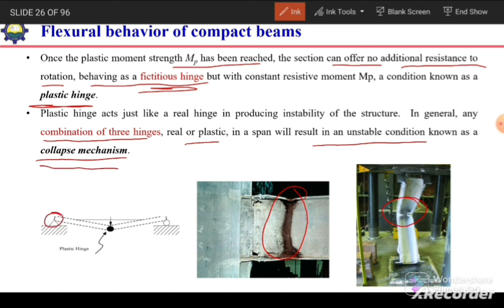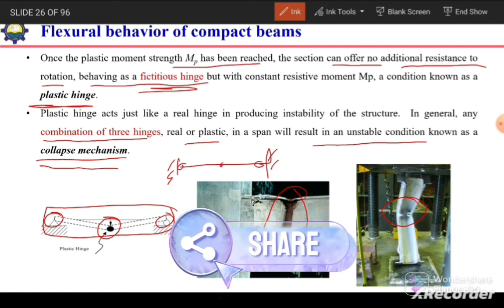So here we see one hinge, second hinge and third hinge. In a simply supported beam, if one plastic hinge is formed at the center, the whole structure will collapse. And in case of a fixed-ended beam, if three plastic hinges are formed, then the structure will collapse.